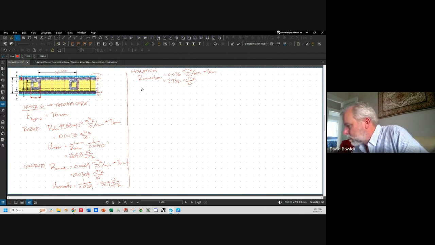And the U of the insulation equals 1 over 2.736, equals 0.365 watts per meter squared degree Kelvin.